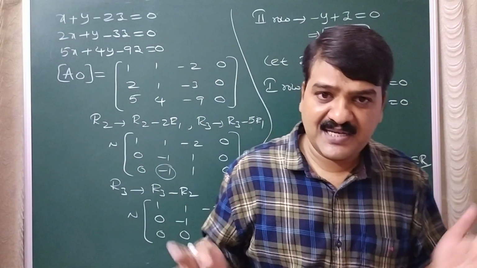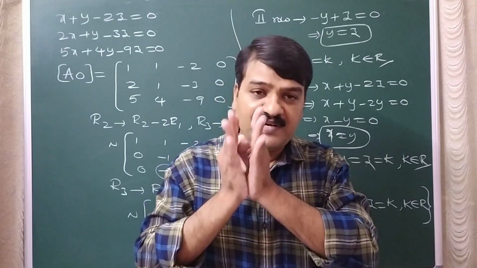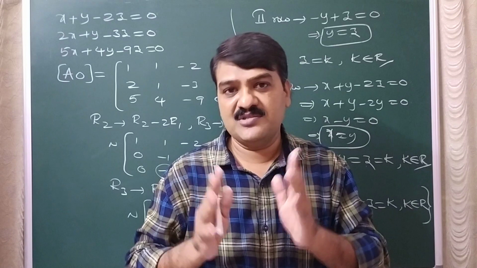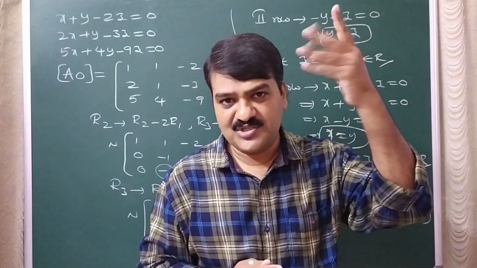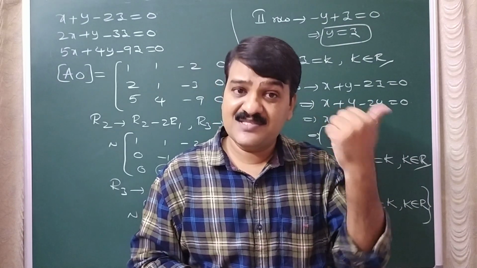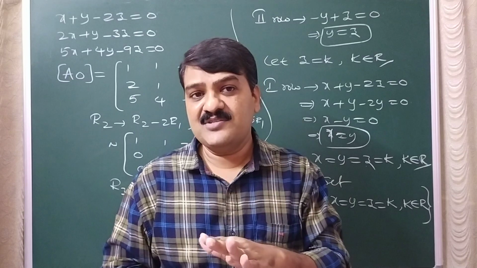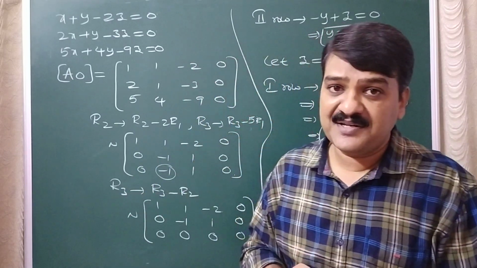So I'll try to summarize again. If you want to find using det A, find det A first. If det A is not equal to 0, unique solution. That means (x0, y0, z0) is the solution. Finish. If det A is 0, you will get infinite solutions. For infinite solutions, to get the solution, you have to take the augmented matrix.